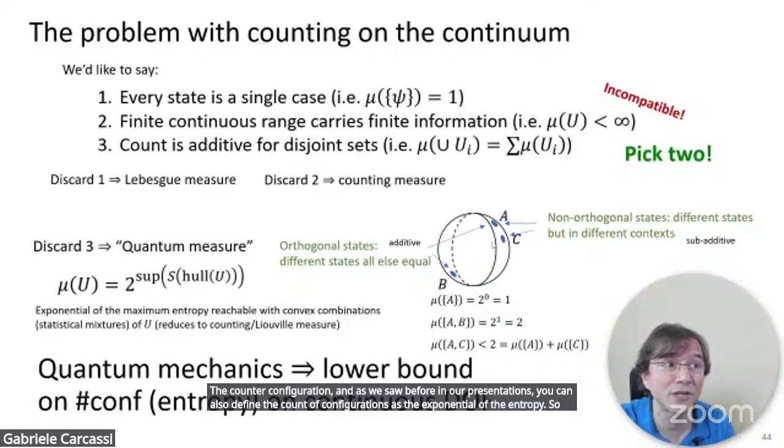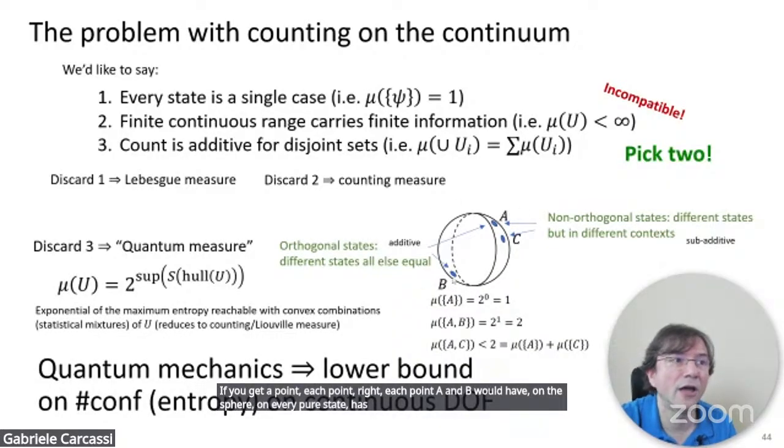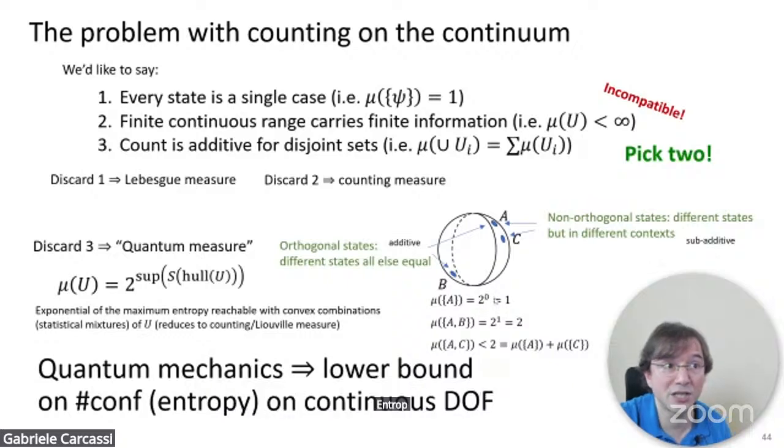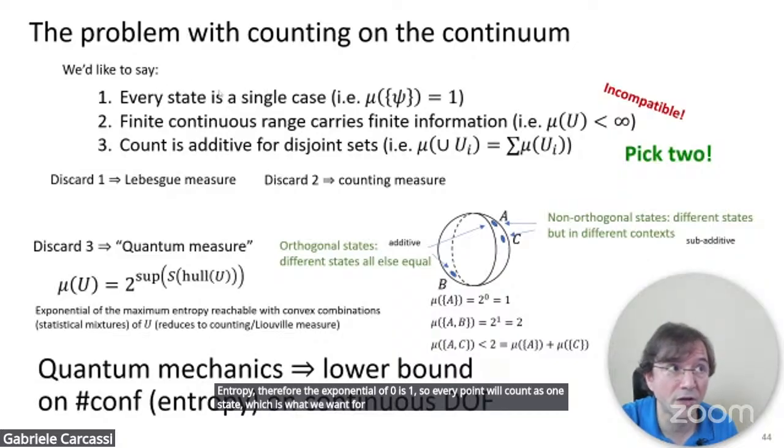So if you do this in quantum mechanics, each point, A and B, on the sphere, every pure state, has zero entropy, therefore the exponential of 0 is 1, so every point will count as one state, which is what we want for the single one.